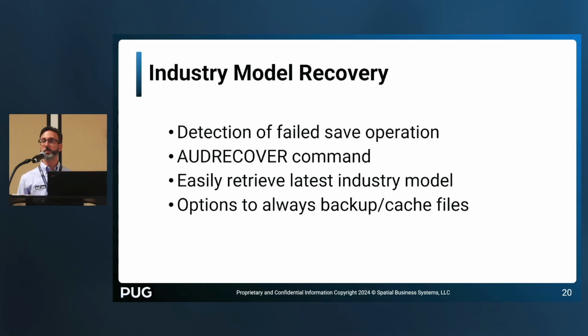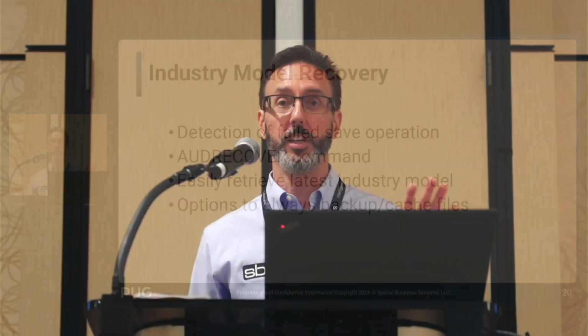Now, one thing I will say about this is that it has come up in situations where you may not really care that it recovered it. The system only has so much ability to know what actually occurred during that failed save. So this is a situation where you really need to have some idea of what happened with that drawing and whether or not you really need to recover it.